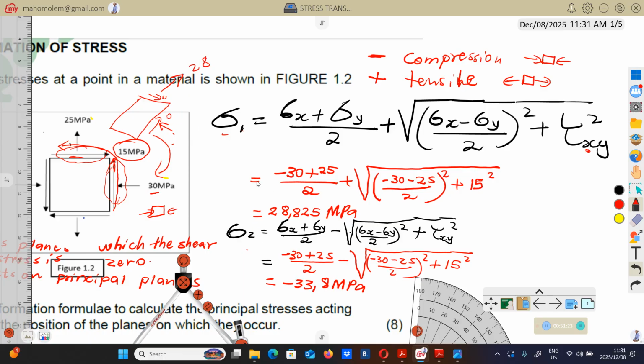Then this one, because it's negative, you are going to have compression. So that negative just means the compression. Then we're going to have 33.8 MPa. So that is the meaning of this negative. If it was positive, then your arrows were going to be like this, outward.